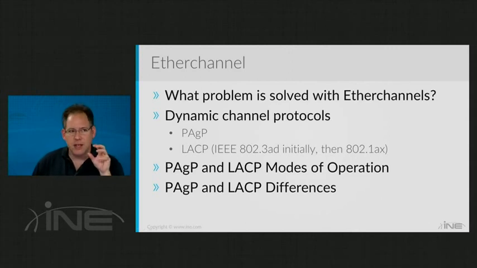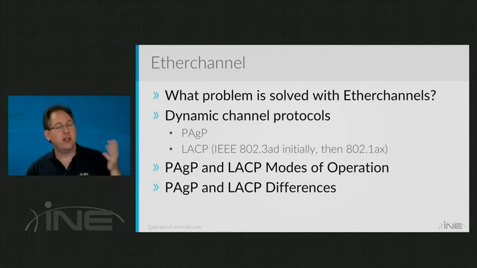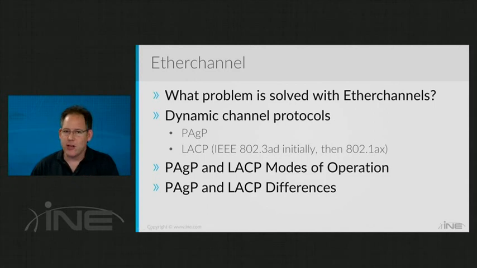Well, guess what? If you know what the default bridge priority is in spanning tree, you already know what the default system priority is in LACP, 32,768. And just like in spanning tree, where a lower number is a better number, is more priority, same thing here in LACP. The lower the number is, the more preferable it is.